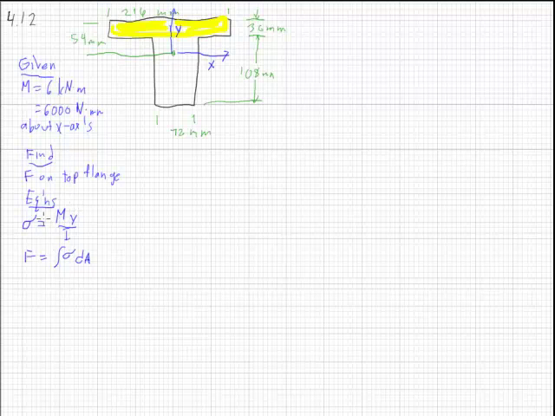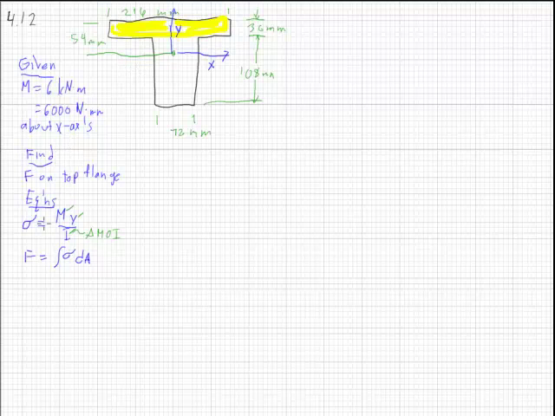Now for this equation, I want to check up on what we have. We've got the bending moment, that's given. Y is a variable, so we'll just use that in this equation here. And I is the area moment of inertia of the entire cross section, entire thing. So we will need to calculate that.